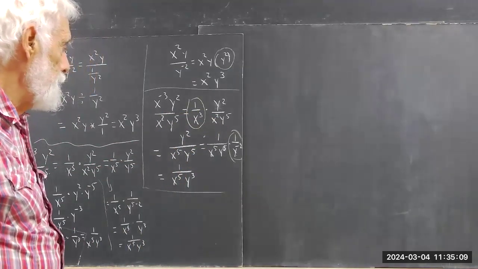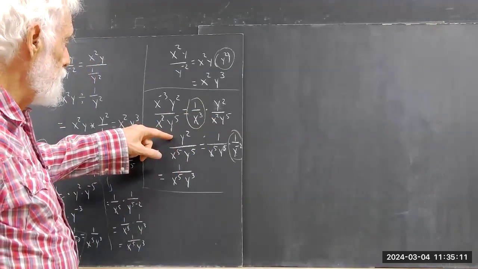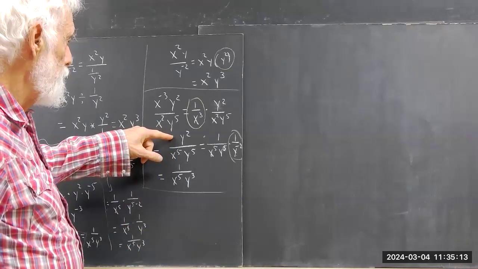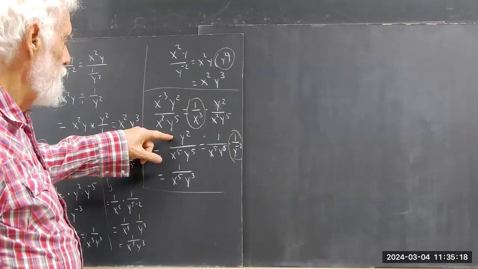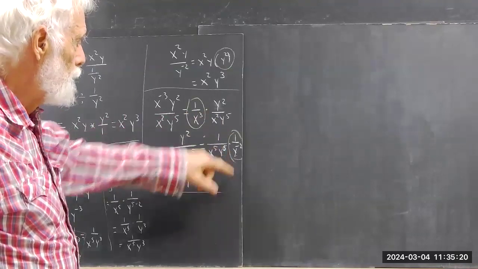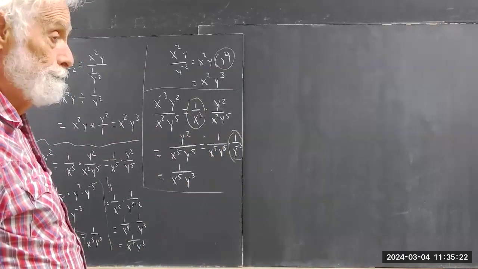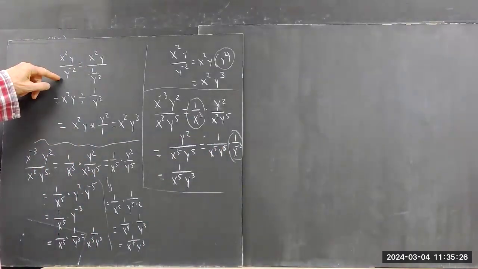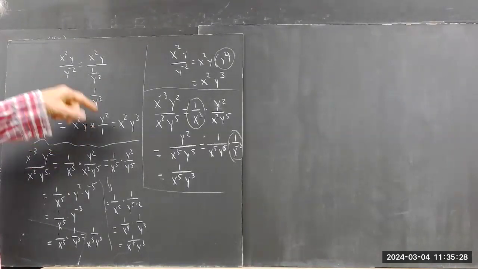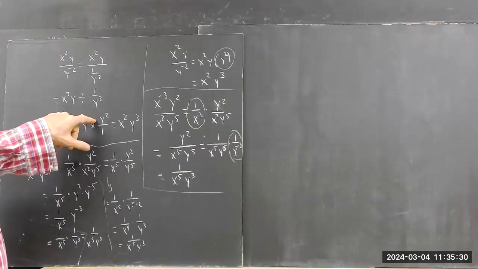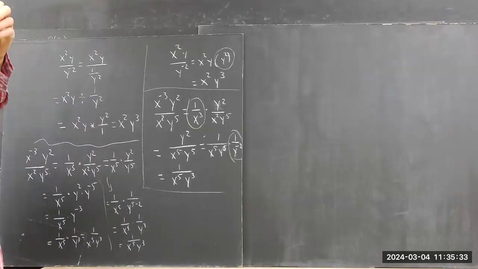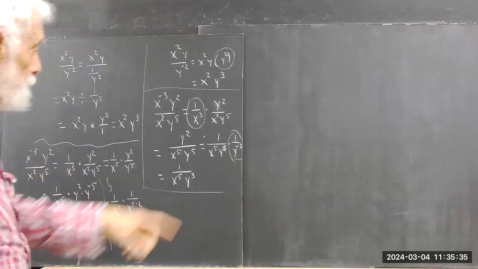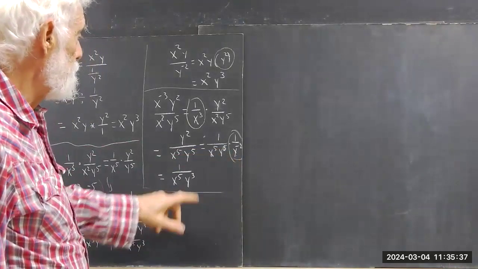Now I'm going to write my y squared as 1 over y to the negative 2. Again, we saw here that 1 over y to the negative 2 becomes just y squared, so y squared is going to be the same as 1 over y to the negative 2. We do that and we get this.